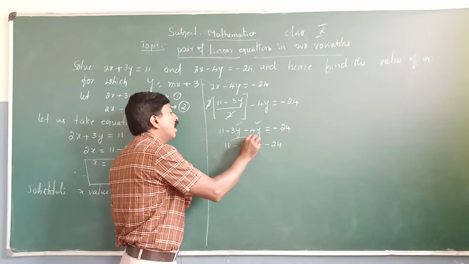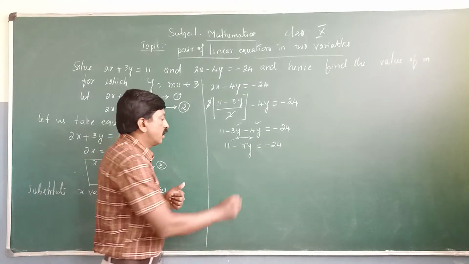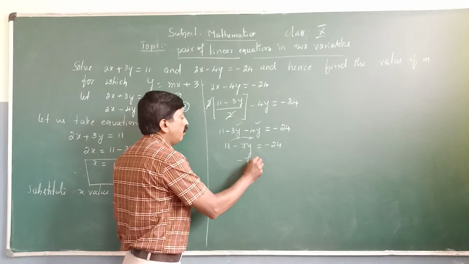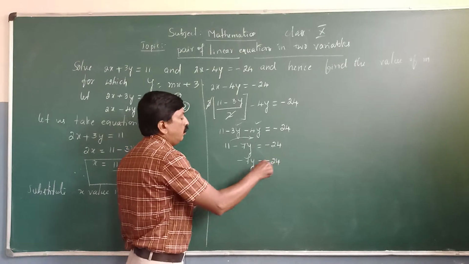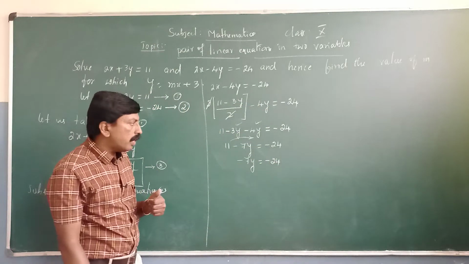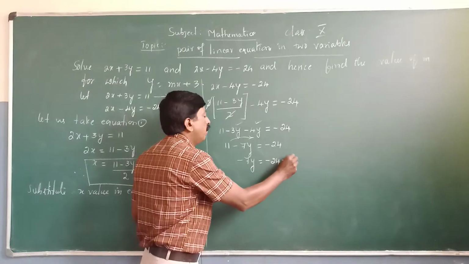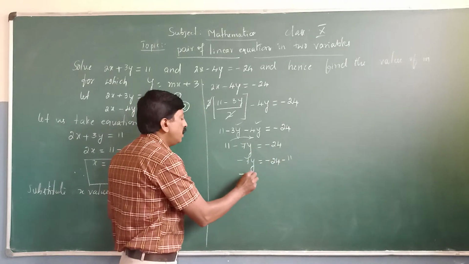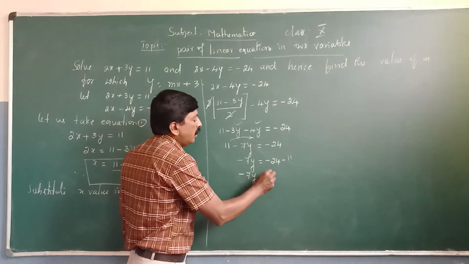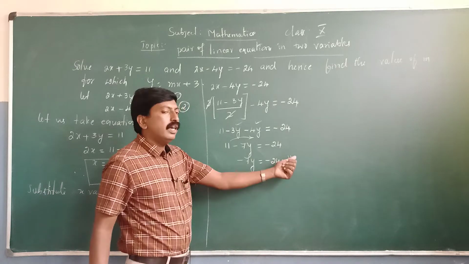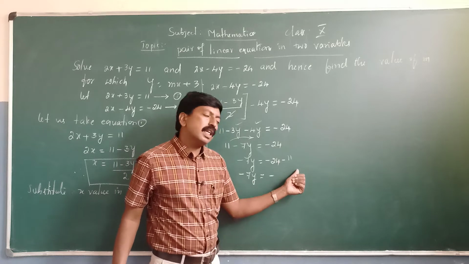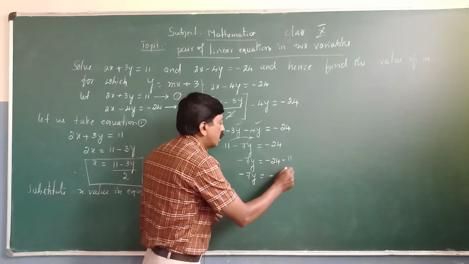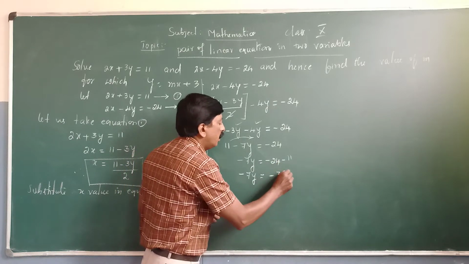Now 11 transposes to the RHS. Minus 7y is equal to minus 24, and plus 11 will become minus 11. Now minus 7y is equal to minus 24 minus 11, which is minus 35.